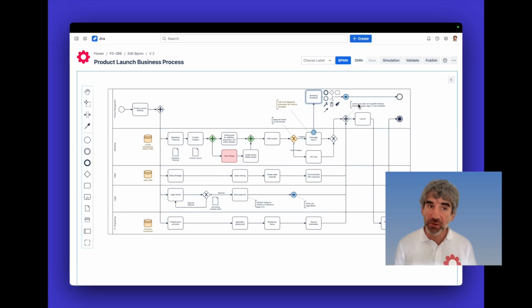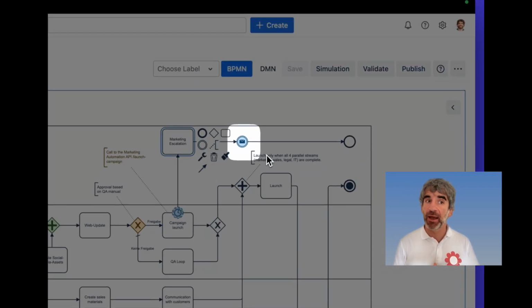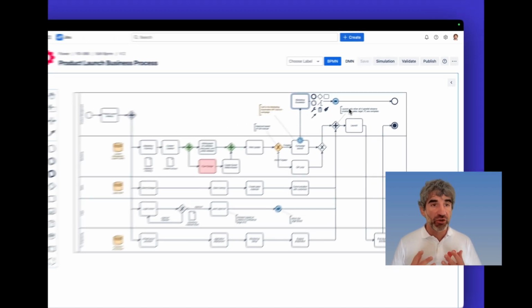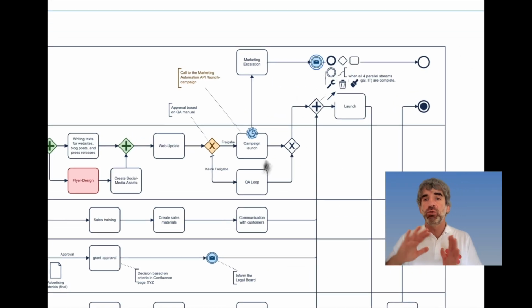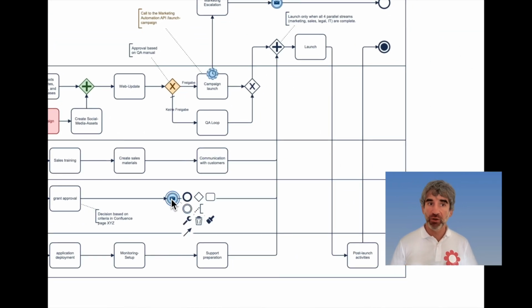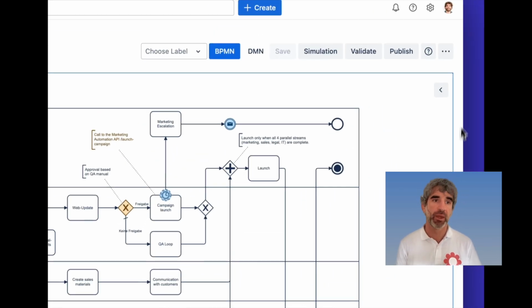Last but not least, we have the events in BPMN, and among them the so-called throw events. A throw event simply means when the process reaches this point, do something outside the process. For example, you might want to call a web service or trigger a Jira automation in Jira.